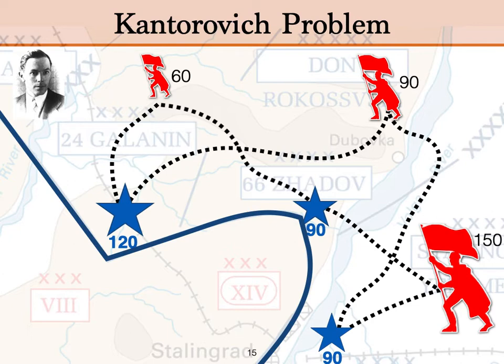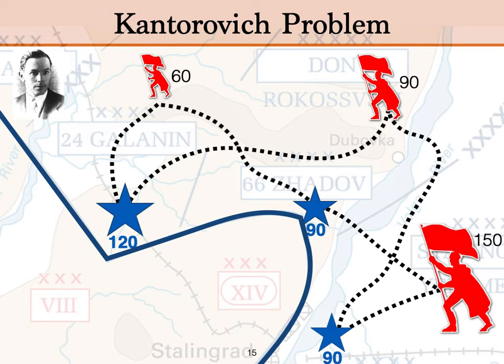So the question that Kantorovich asks is, given a transportation network here, which is indicated using dotted lines, what would be the optimal way to move the troops? What would be a good way to move the troops? Well, without even thinking about optimality, there's one very simple way to solve this problem without thinking too much about the transportation network, and it's the following.